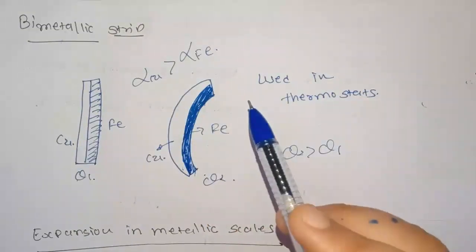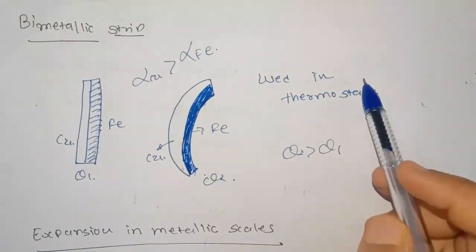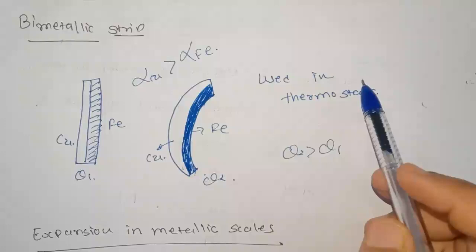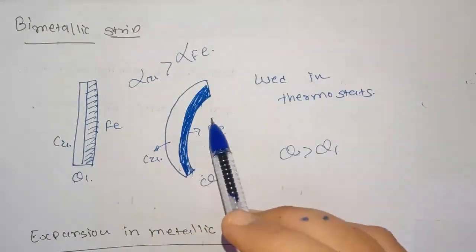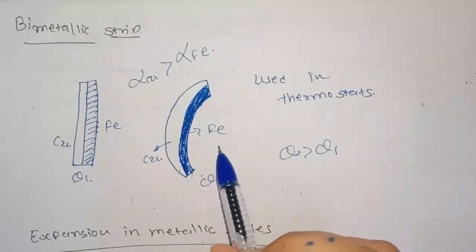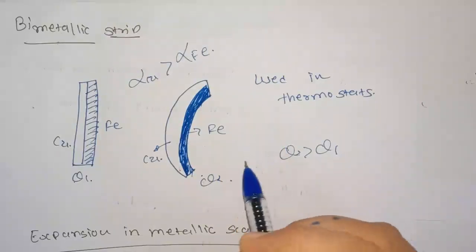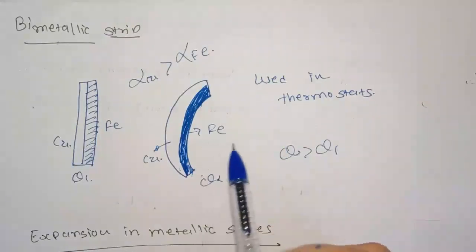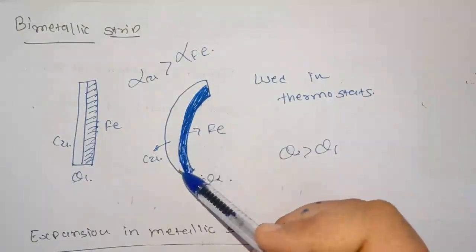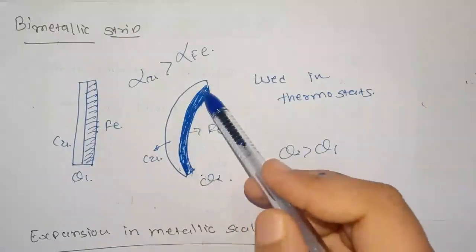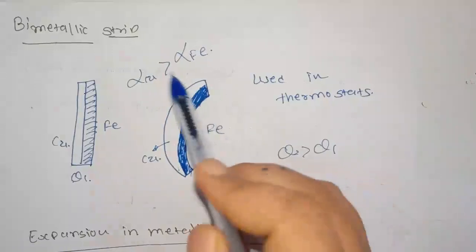They are mostly used in the thermostat or auto-cut-in electric heating circuits. For example, in the iron press, when we set temperature for given iron while we press the clothes, once the temperature is reached, then this material will bend in a particular direction, and due to bending, it will lose connection with the circuit.